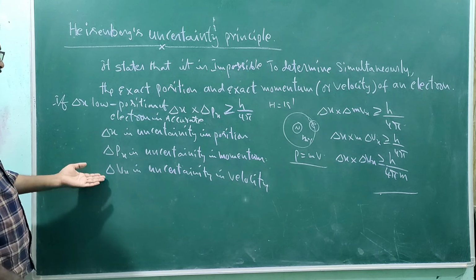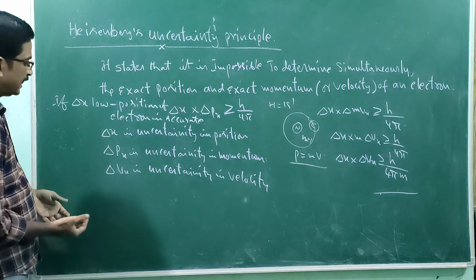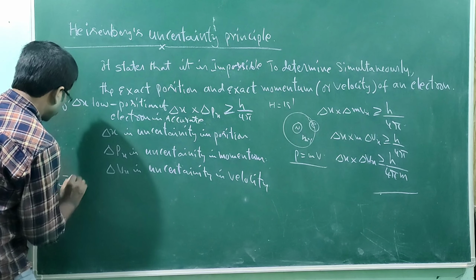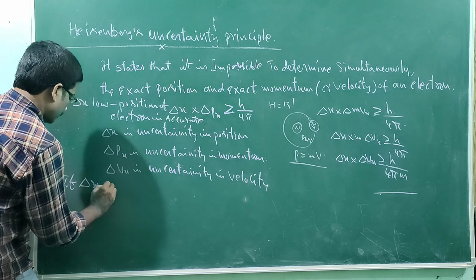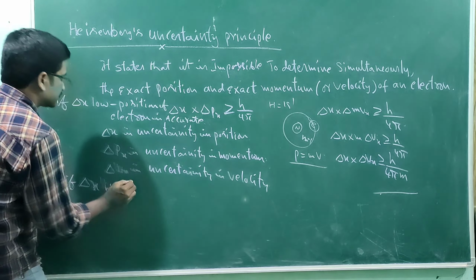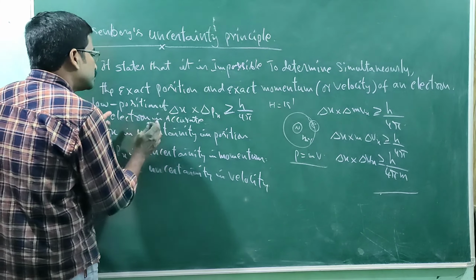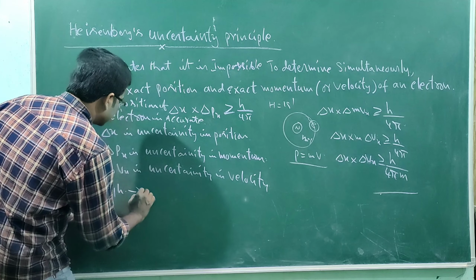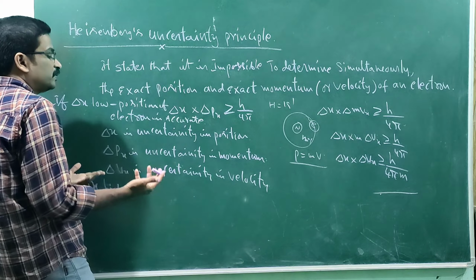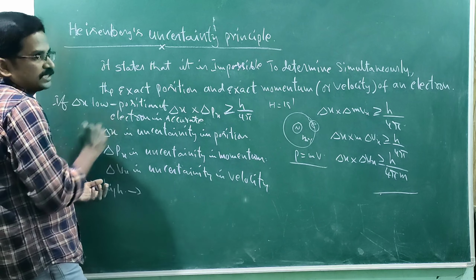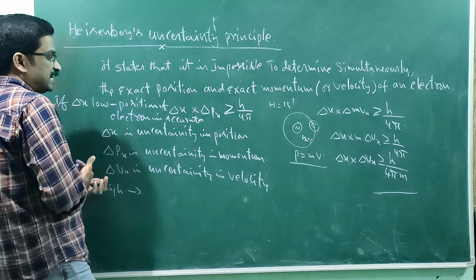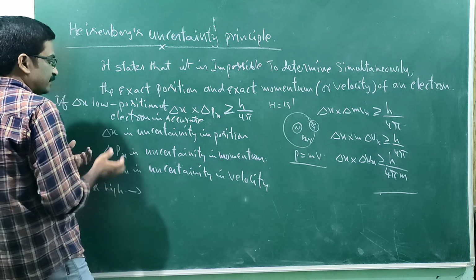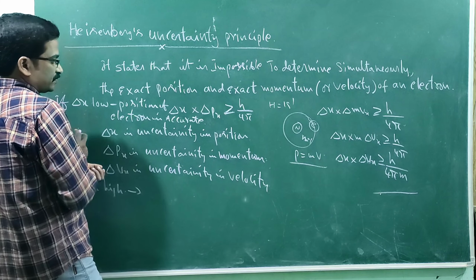Then if del x is a high value, what happens? It means the position of the electron is uncertain. You cannot locate the electron. The position is uncertain, not accurate, not fixed.